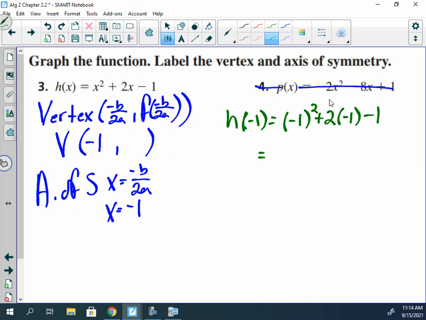So we'll go on and solve this. Negative 1 squared is 1. 2 times negative 1 would be negative 2 minus 1. Now what is 1 minus 2 minus 1?